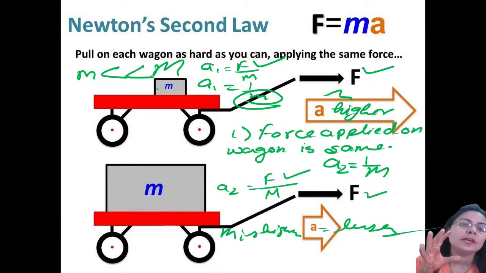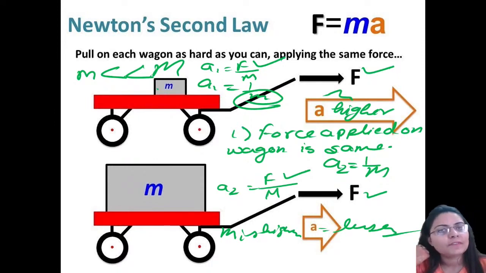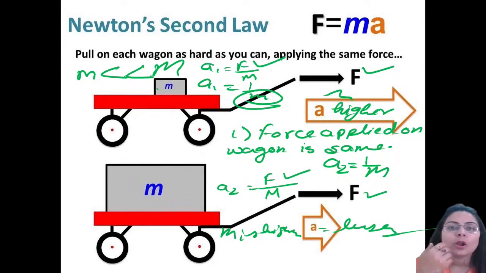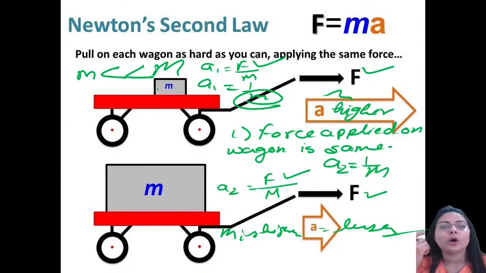When you see a wagon with a very large mass, it always gets stuck or its velocity is very slow. You can take the example of a truck loaded very heavily and overburdened. It is very difficult for such a truck to pull on.